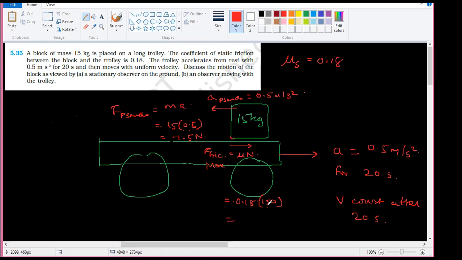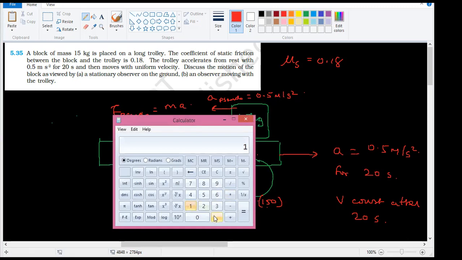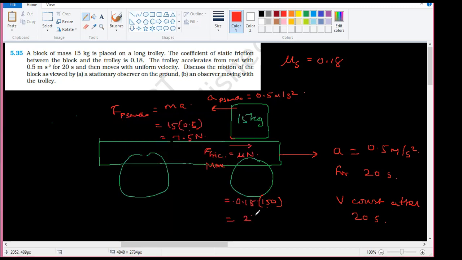This will be 1.8 into 15. Anybody, can you tell me what is 1.8 into 15? 27. So up to 27 Newton, it will be able to go along with this trolley. The pseudo force is only 7.5, which means it's not going to get pushed backwards, because the friction is sufficient to go this way.